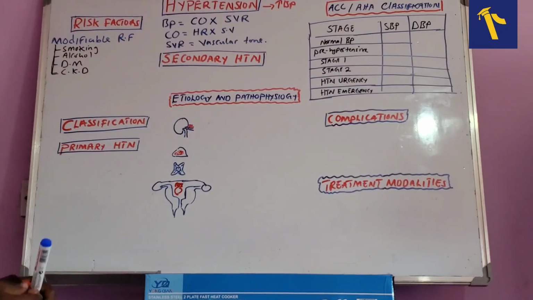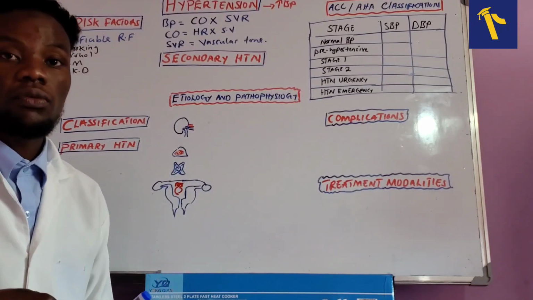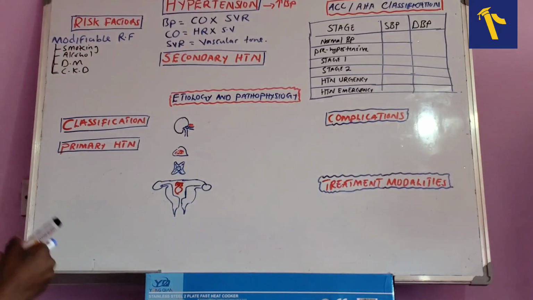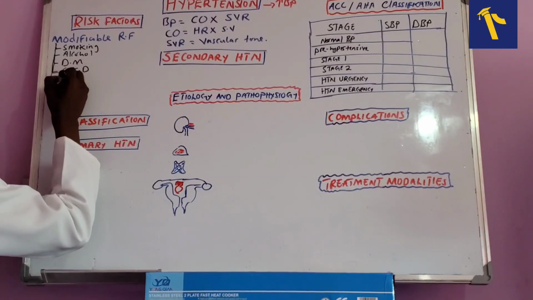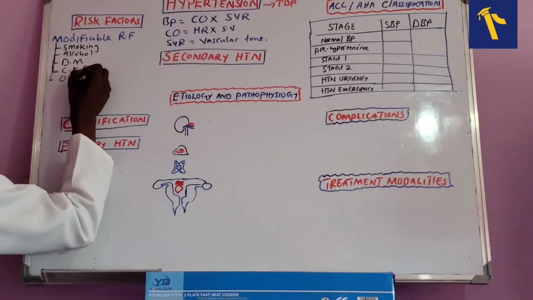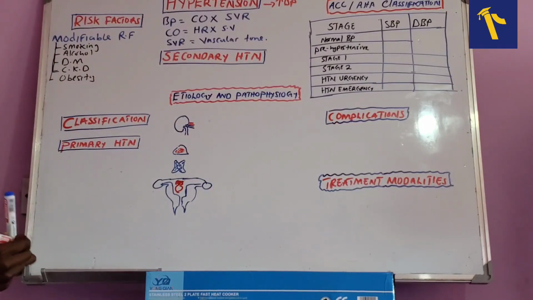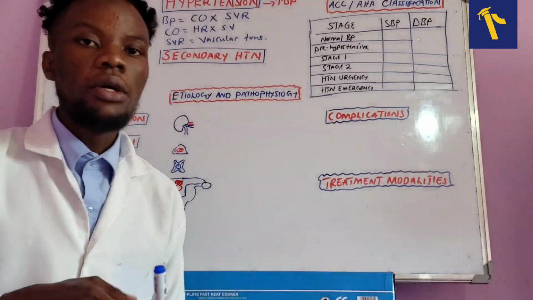Chronic kidney disease is one of the modifiable risk factors of hypertension. Then another one, let's just put the last one, obesity. Obesity is one of the modifiable risk factors.